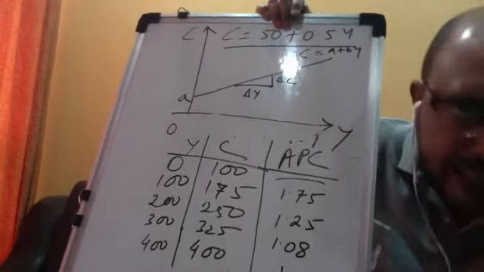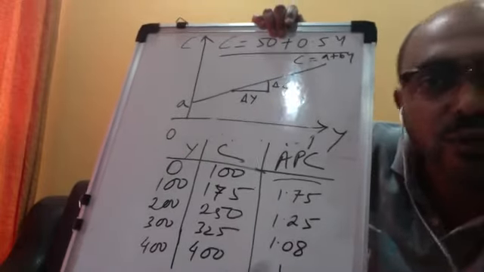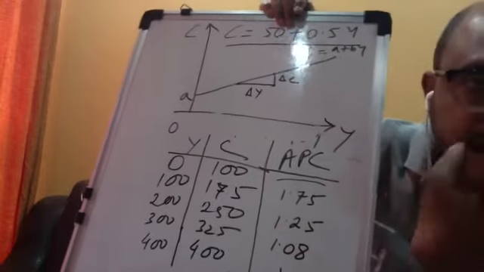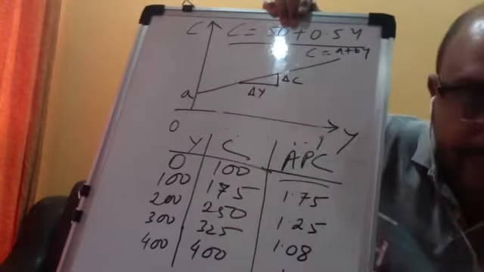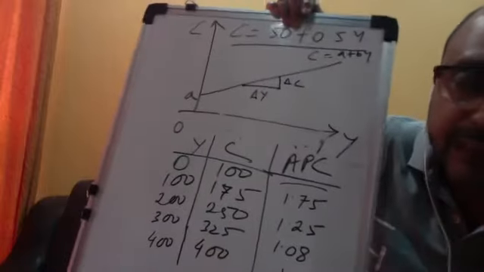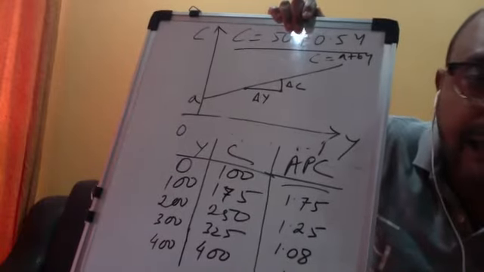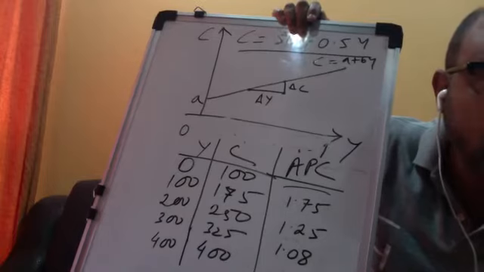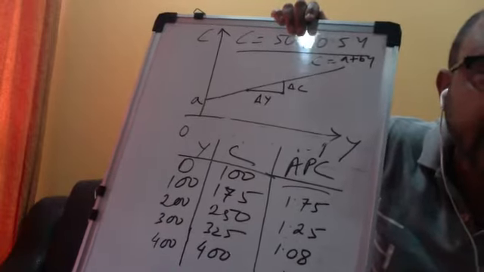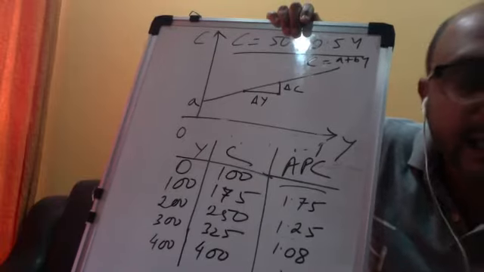So obviously MPC will be constant. But we are calculating APC over here. As income is increasing, APC is decreasing. So that is what we have discussed under the Keynesian psychological law of consumption: MPC remains constant and APC decreases when income increases.